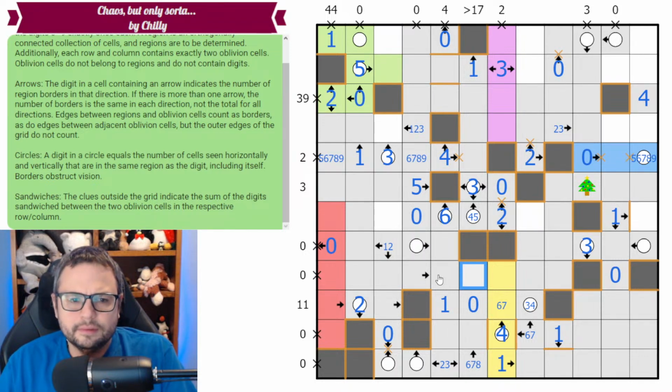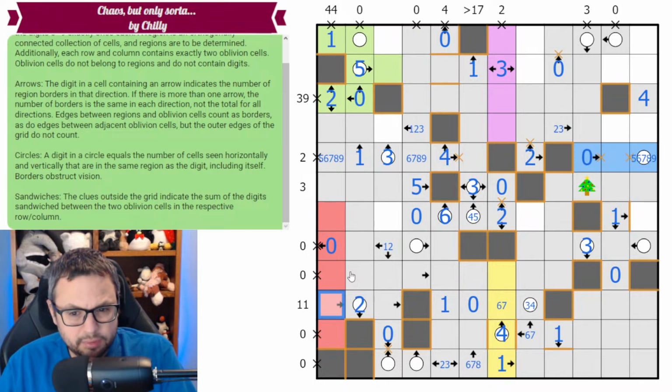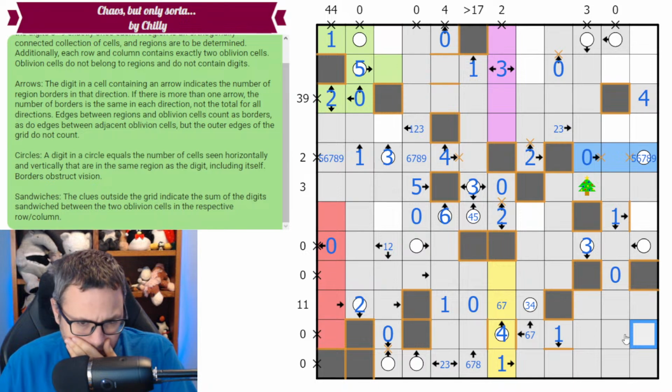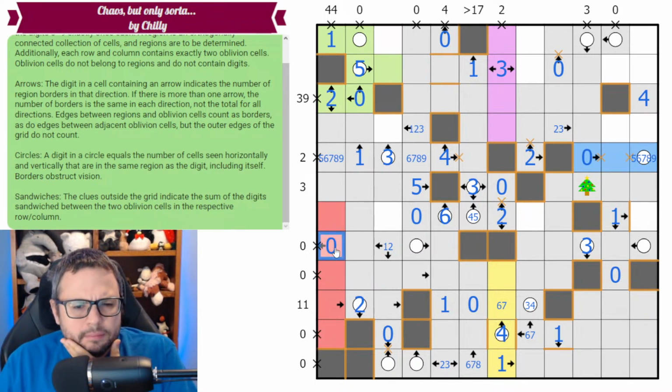Let's see. This is a minimum of 4, but could be larger. Hmm. It's 1 or 2. 2, 3, 4. So this is a minimum of 5, I guess.